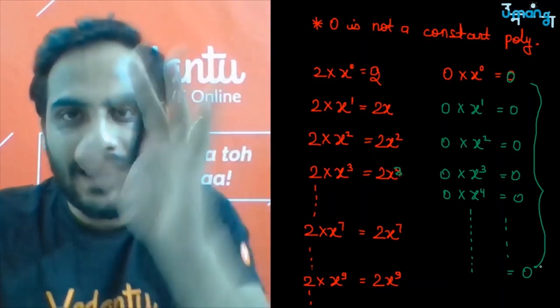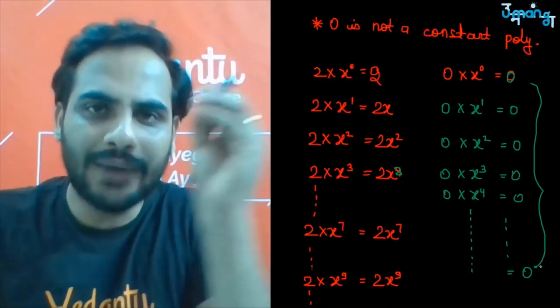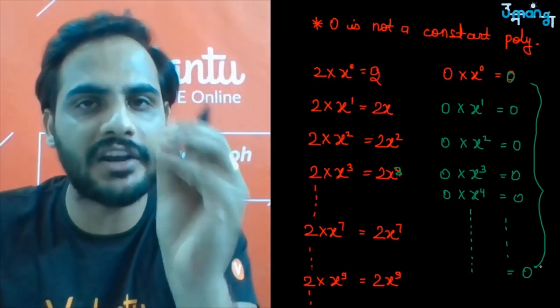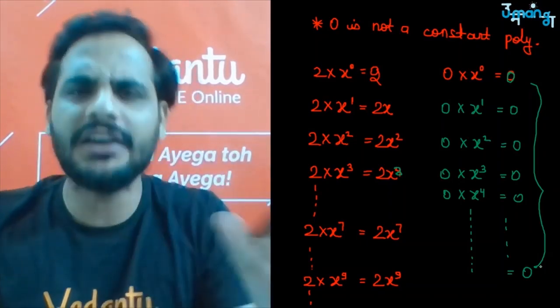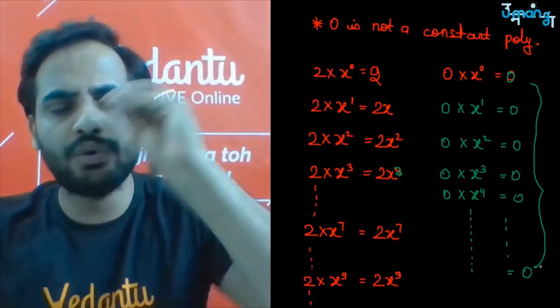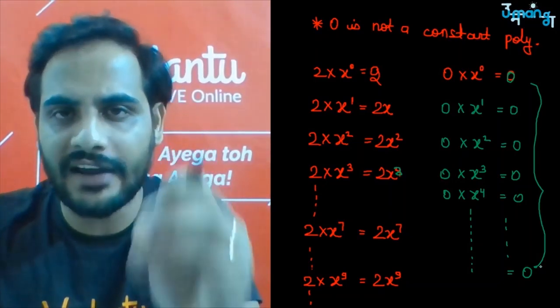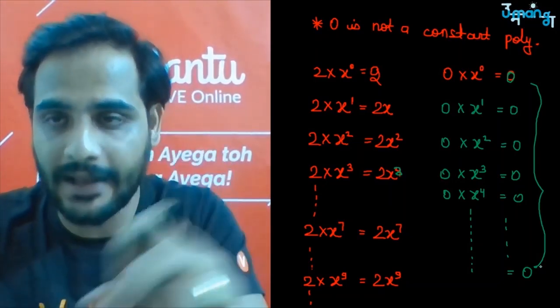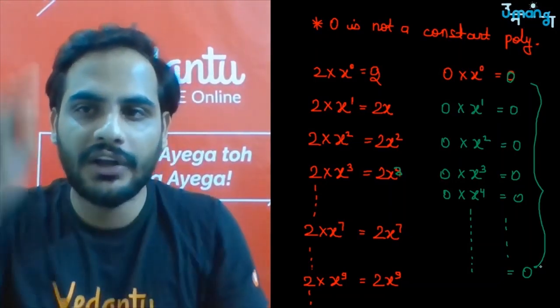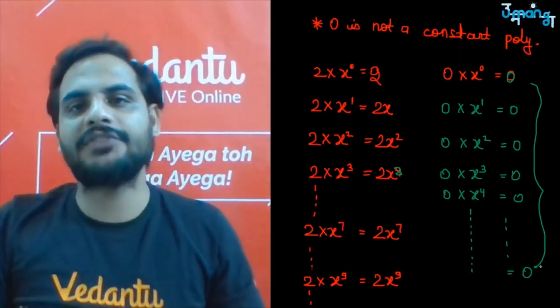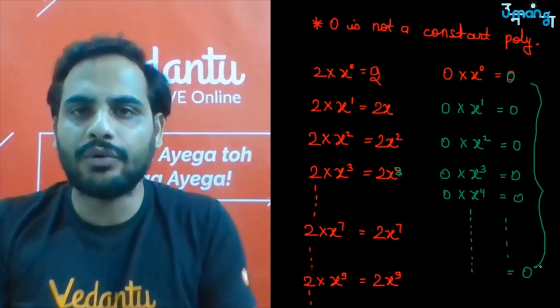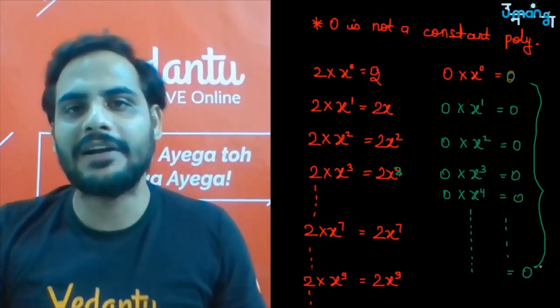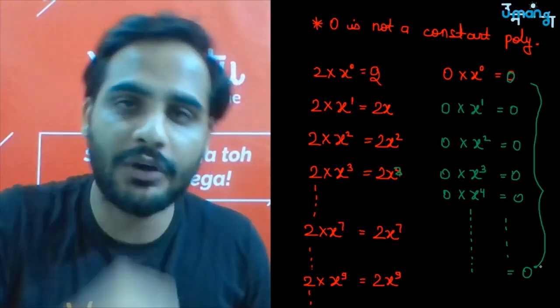With all the other numbers, you can clearly identify what variable you are multiplying. Any number other than 0, use any number you want, you can always identify what variable you have multiplied. But in the case of 0, you cannot identify which variable you have multiplied. If I write only 0, some of you will tell me, sir, you are multiplying with x. Some of you will tell me you are multiplying with x square.